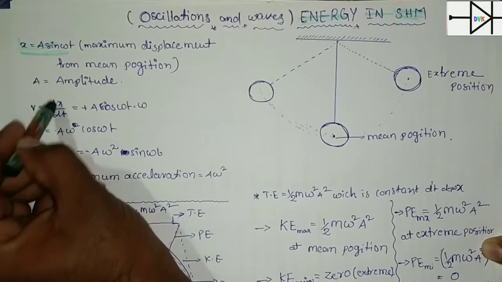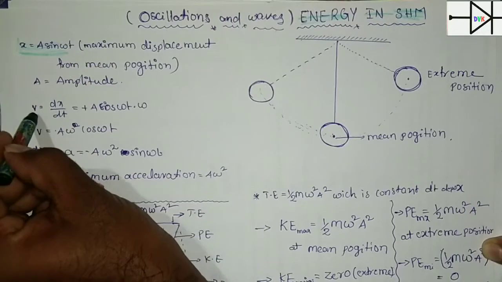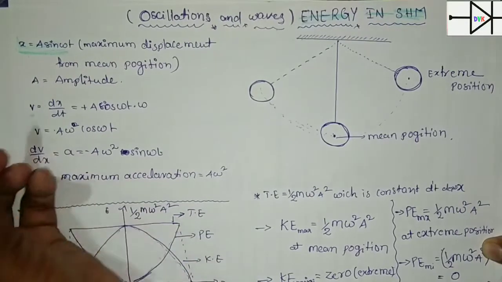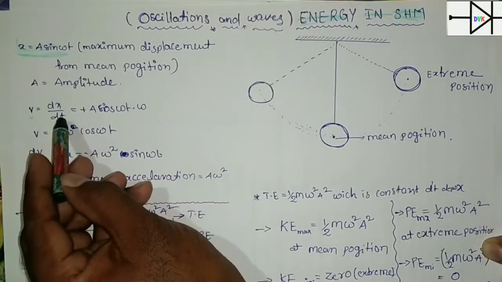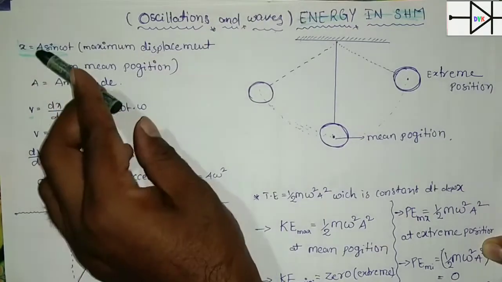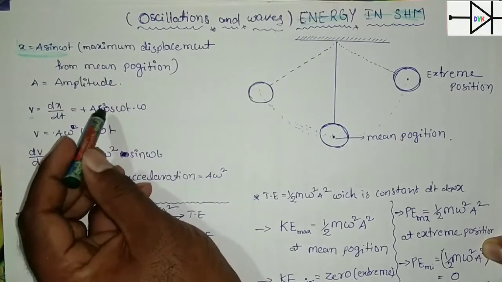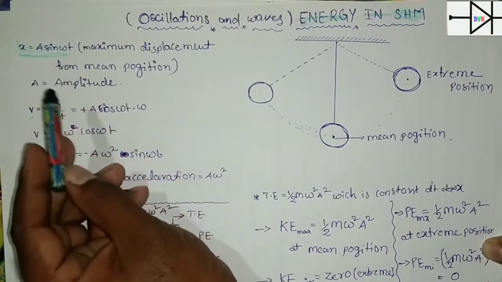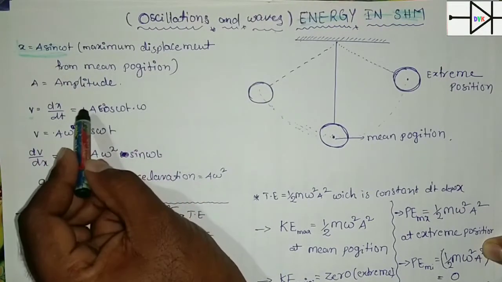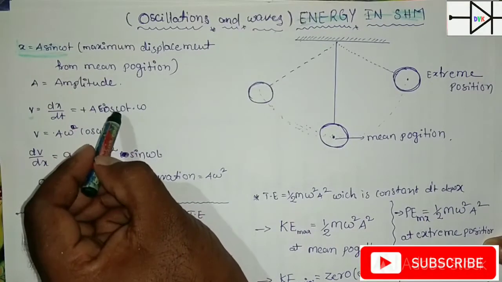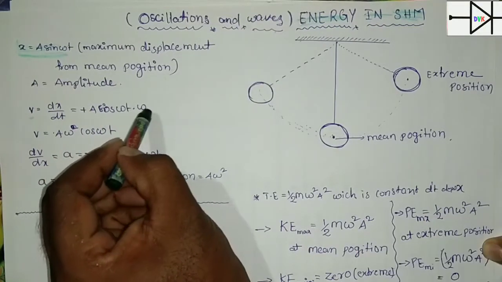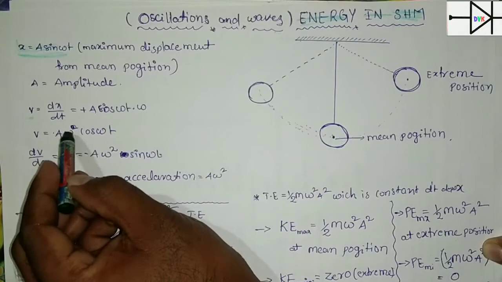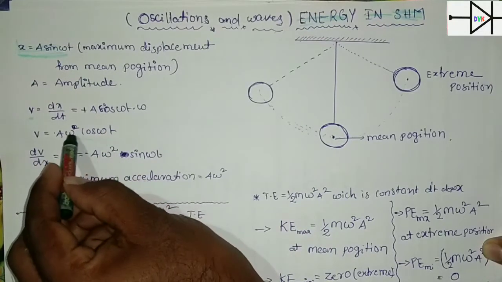The rate of change of displacement is called velocity, nothing but dx by dt. Dx by dt, where x is equal to A sine omega t. First differentiation: sine becomes cos, so cos times omega. V is equal to A omega cos omega t.